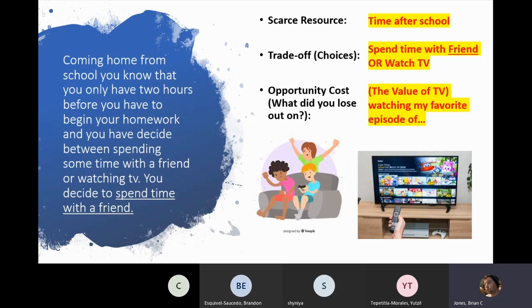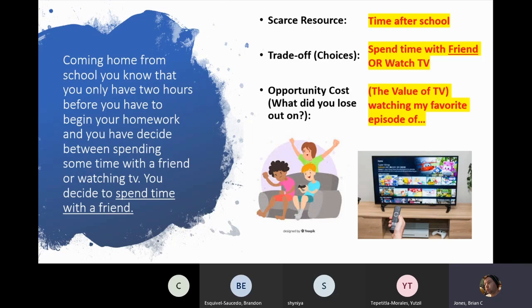So in this case, you would be looking at the value of watching TV, and that's going to be different for everybody. So here I picked out watching my favorite episode of something, whatever it was that I could have been looking at, right? So that's the opportunity cost, is watching my favorite TV show.